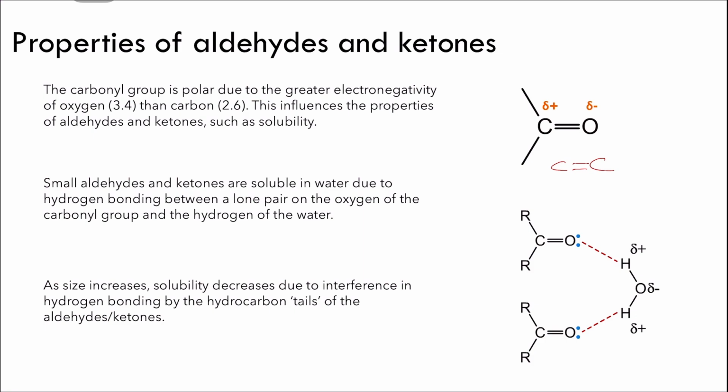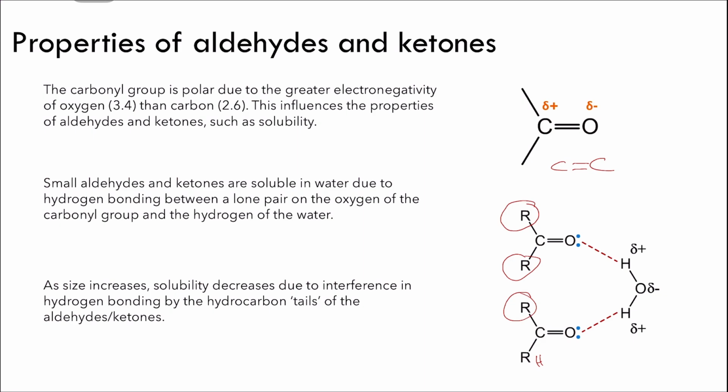So let's talk about solubility first. The small size aldehydes and ketones will form hydrogen bonding with water, and that will affect their solubility in water. However, as the size increases, as this R group increases in size, then of course for aldehydes it's going to be hydrogen. For ketones there are two, both alkyl or aryl groups.